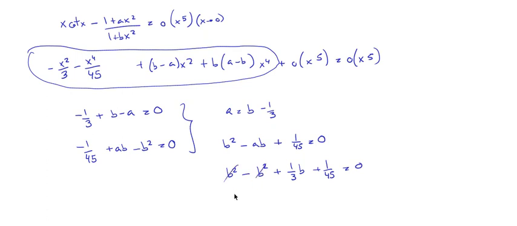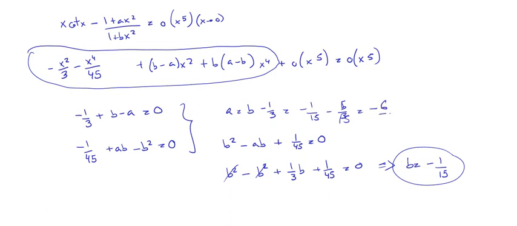This goes away, and solving this, we get that b is minus 1 over 45 times 3, so this is minus 1 over 15, right? And then a is minus 1 over 15 minus 1/3, or in other words, this is minus 5 divided by 15, minus 6 over 15. Okay, so these are a and b.